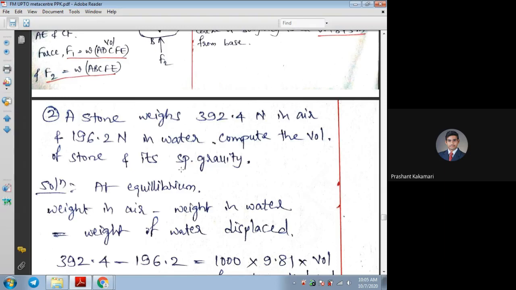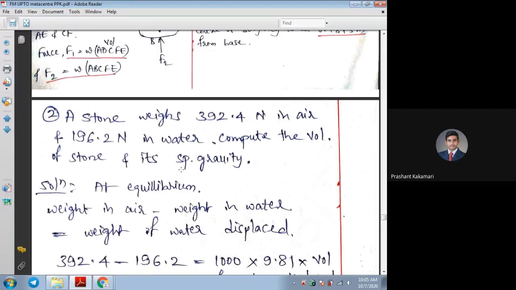Meter cube is volume, but we don't need the volume value. Once the density of the stone is known, by converting this weight into mass, one can go for finding the specific gravity. And here, other than mass, weight, and specific gravity, the volume of the stone is also asked.